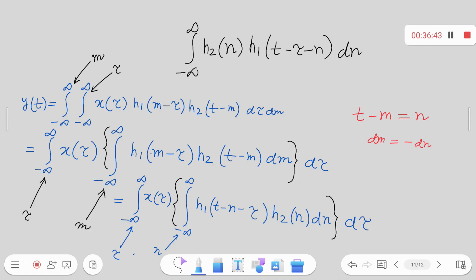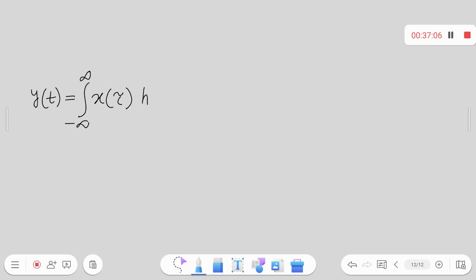I can write this entire thing inside this bracket as h12 of t minus tau, d tau, where h12 of t is basically the convolution between h1 of t and h2 of t.